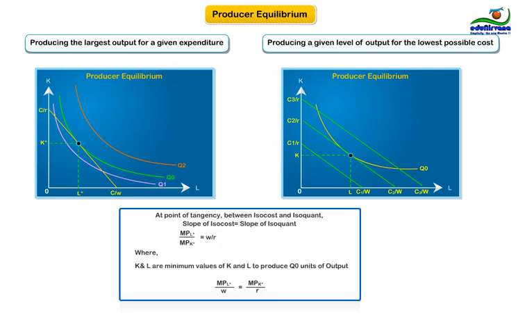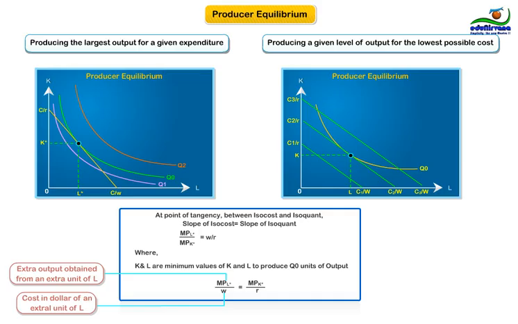This equation has a straightforward economic interpretation. Note first that MPL star is simply the extra output obtained from an extra unit of L at the cost minimizing point.